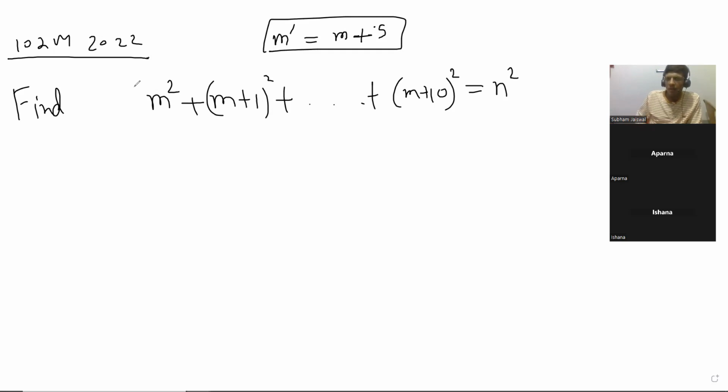Sir, I had actually solved this question halfway, but I couldn't find n's value. So basically, if you simplify it, you will get 11m square plus 110m plus 385. That's just the sum of squares formula, so it's not even a large calculation. That's equal to n square.